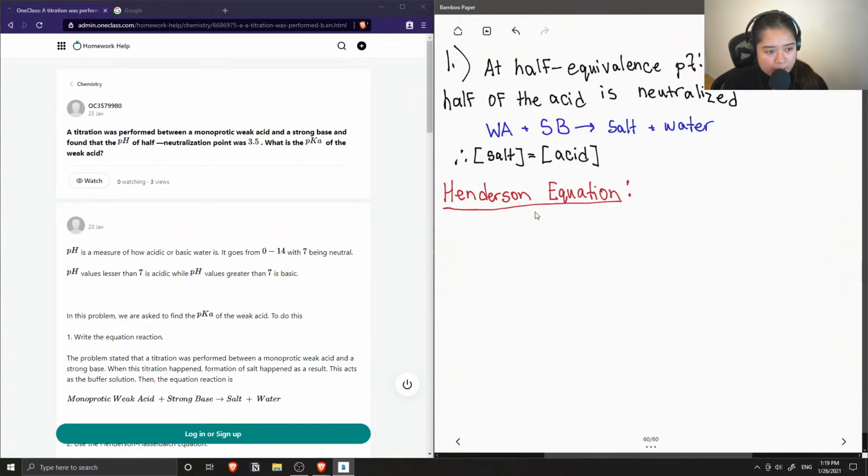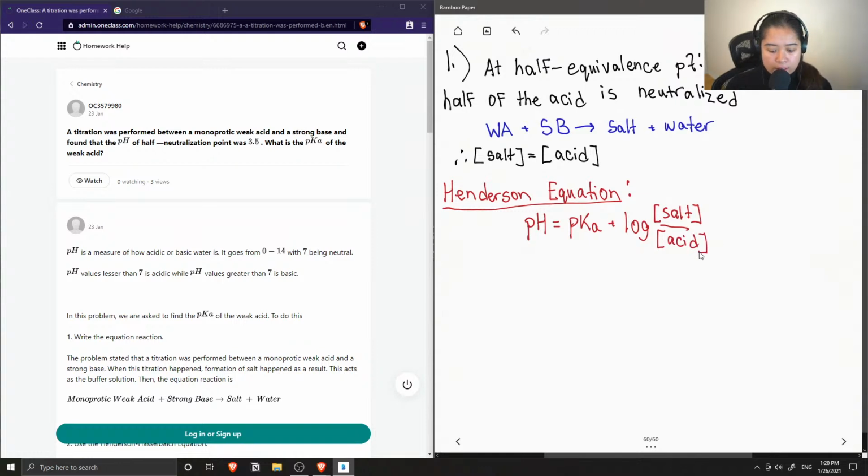The Henderson equation relates pH and pKa, and it includes the log of the concentration of our salt over the concentration of our acid.